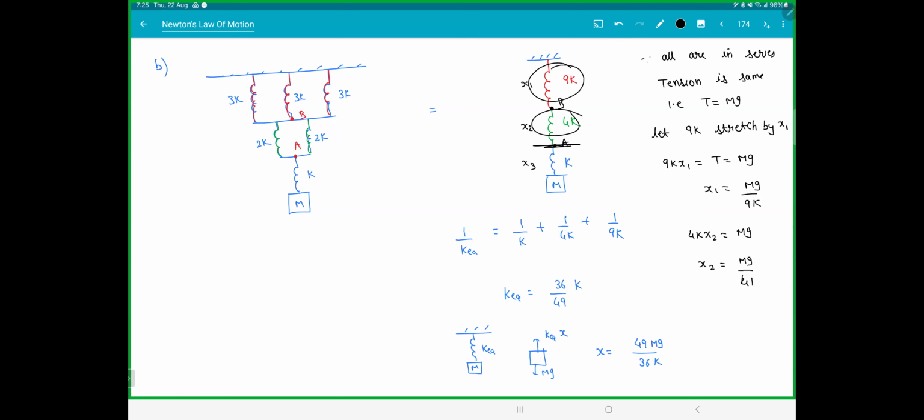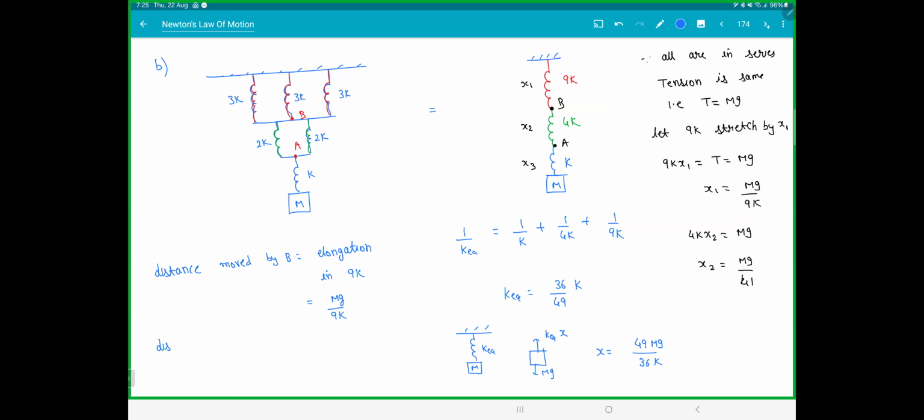Is that making sense, everyone? If the 9k spring stretches by 1 centimeter, meaning the spring will become like this, B will go here, right? So the distance moved by B is nothing but elongation in 9k. Distance moved by A is nothing but elongation in 9k plus 4k. Distance moved by B is elongation in 9k, which is mg by 9k.